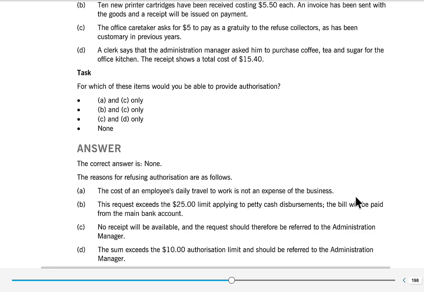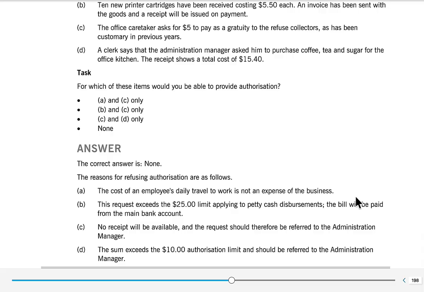Petty cash maximum is $25 per individual payment. $55 is bigger than $25. So this payment is too large for petty cash. It should be paid through the main bank account using the normal payment system. That is why the answer says this request exceeds the $25 limit applying to petty cash disbursements. The bill will be paid from the main bank account. So item B is refused.